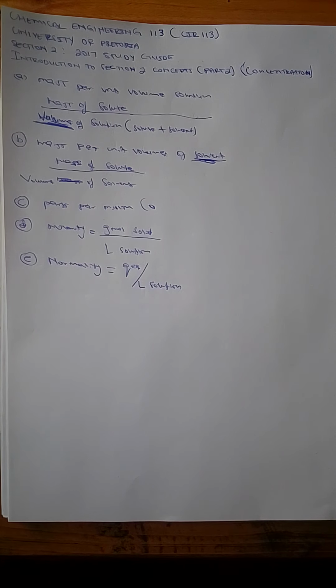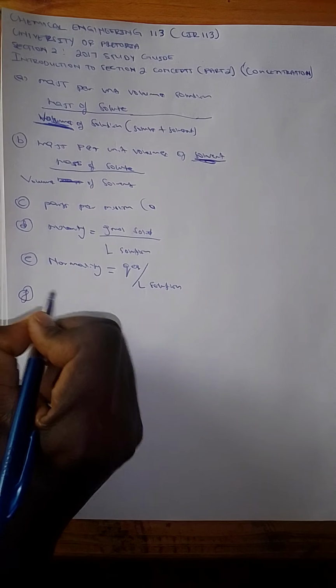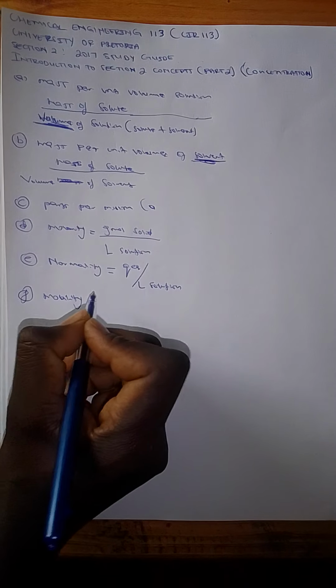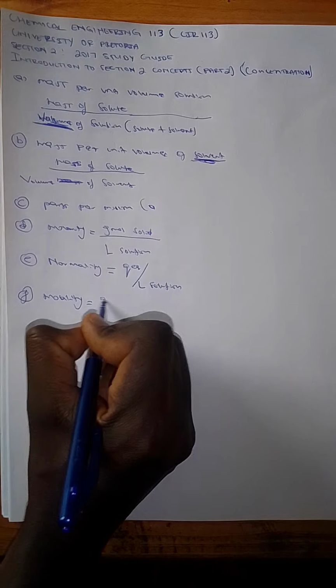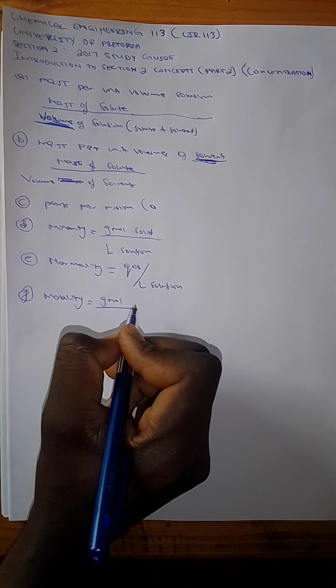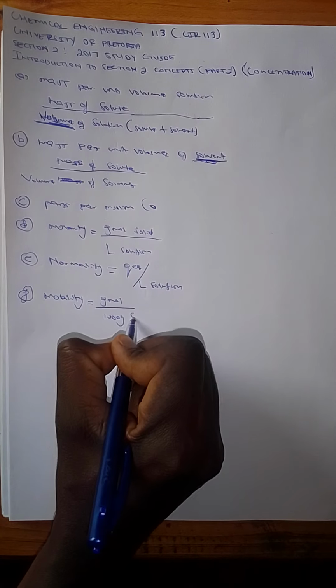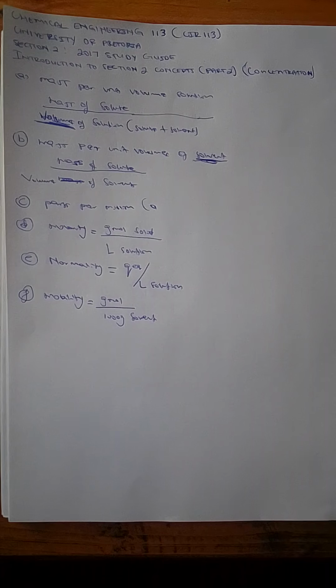And another one I want us to look at is molality. Molality becomes gram mole per 1000 gram solvent. 1000 gram solvent is also 1 kilogram, just to highlight that.